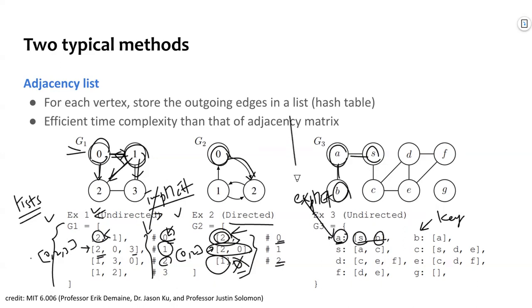So in the first two cases, the relation between the node and edges were implicit, so the ordering was important. However, if you're using dictionaries, then these keys represent the name of vertices. So the relation between the vertex and edges become explicit.